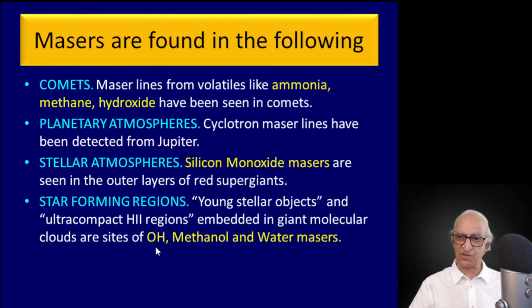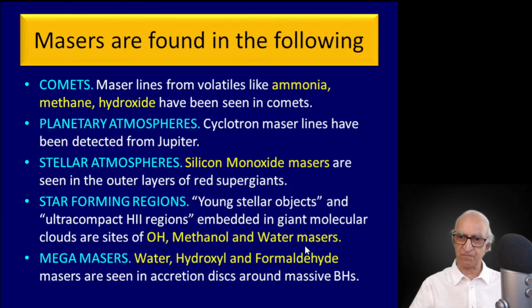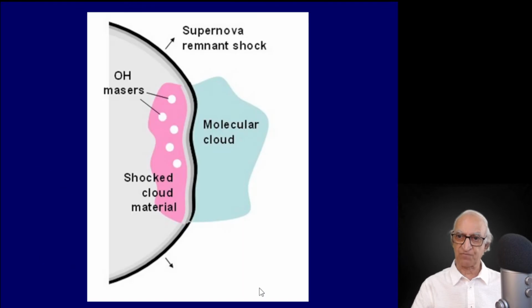And very often you have OH maser, methanol maser, and water vapor masers. And then, of course, you have megamasers in extragalactic sources, water, hydroxyl, formaldehyde, and so on, have been seen in accretion disks around supermassive black holes.